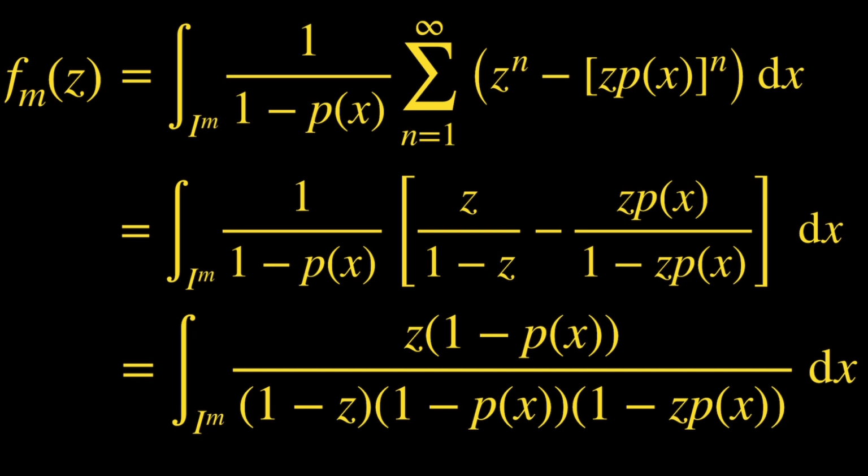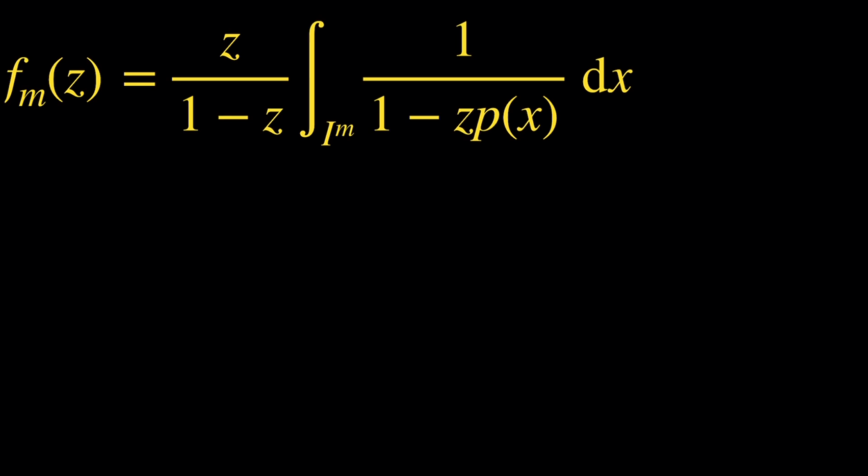We can simplify 1 minus p of x because it appears in the numerator and denominator. After simplifying and factoring z over 1 minus z, we get the following. So f_m at z is equal to z over 1 minus z times the integral over the I^m cube of 1 over 1 minus z times p of x, dx.